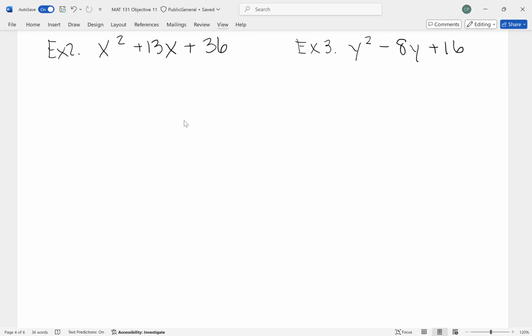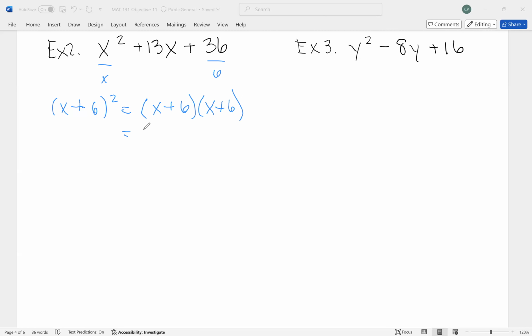We have x squared plus 13x plus 36, okay? So if we just look at the beginning and the end, all right, that would be an x and that would be a 6. So we could say maybe it's (x plus 6) squared, okay? We could say that. But let's check it. So (x plus 6) squared, let's say we want to do the FOIL method.